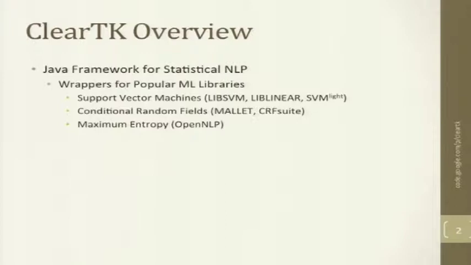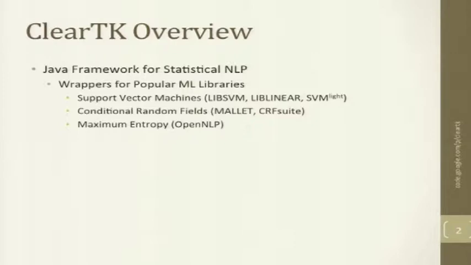ClearTK provides a framework for developing statistical natural language processing tools. This can really be thought of in two major parts. The first part of this is an interface for lots of popular machine learning libraries like libsvm and mallet. It's a common interface in that the API for using each classifier is the same.